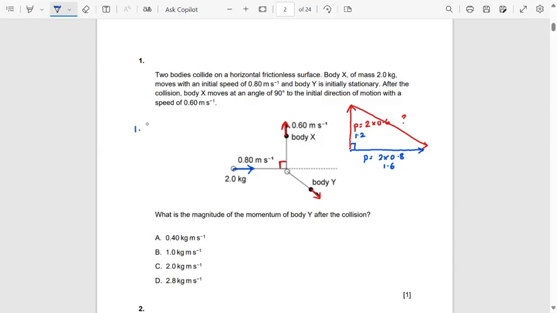I'm going to do a squared plus b squared equals c squared, where c is the momentum of body Y, and that comes to 4 equals c squared. So the square root of 4 equals the answer, which is 2.